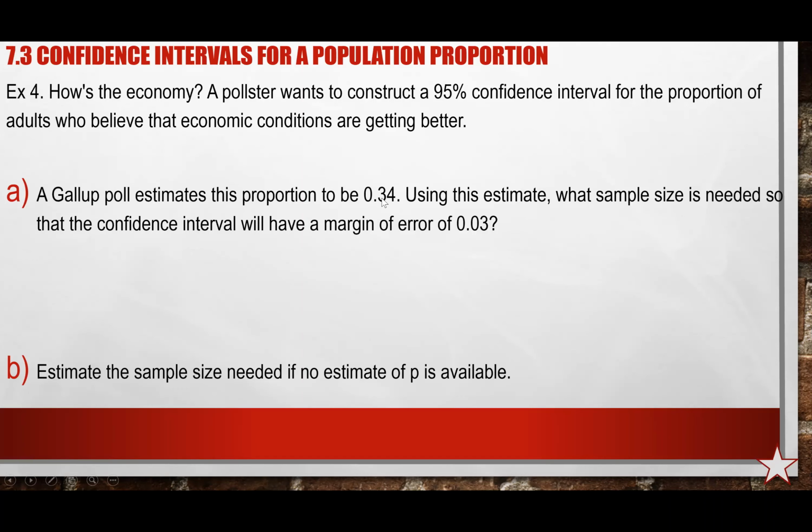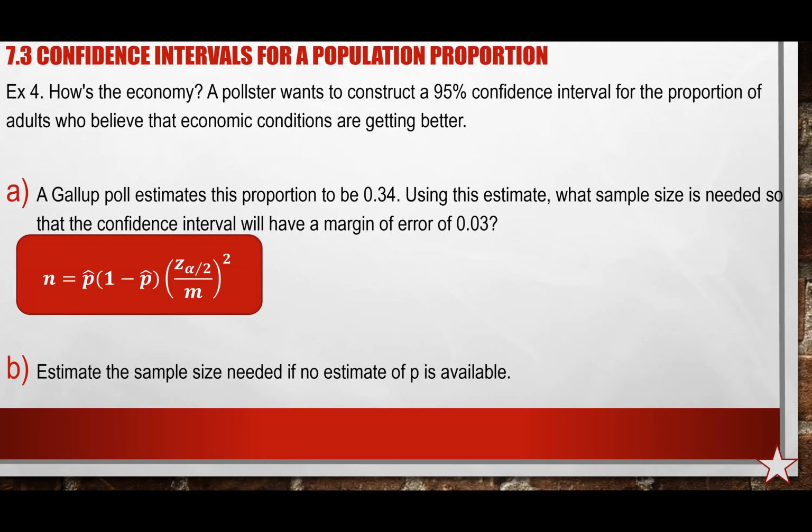Again, a proportion will always be in decimal form unless it's in percentage form. Using this estimate of 0.34, we use this formula, and we need to ask ourselves what sample size we need so that we have a margin of error of 0.03. This is our formula to find n. To find n, we need p hat, which the poll gives us, and the margin of error, which is 0.03.